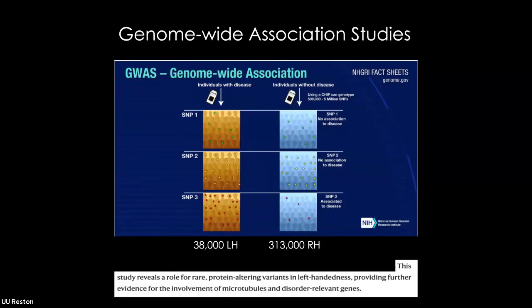And what they discovered is that there was one gene that was very well associated with left-handedness, and this is top4. So it's not top 6, it's top4, but it's another component of the microtubules.